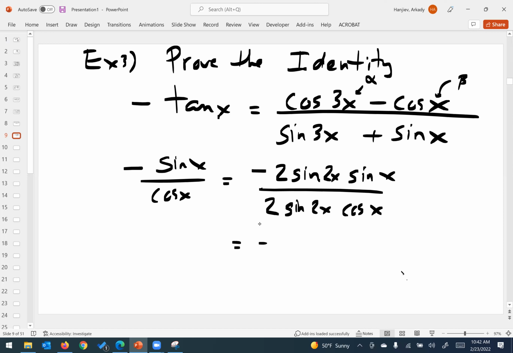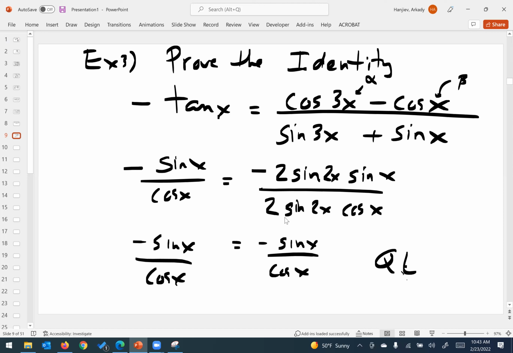In that case, the 2's are gone, and I'm left with something that looks like this, which I declare those two to be exactly equal to each other. Okay, good there, guys, with the product to sum to product formulas.